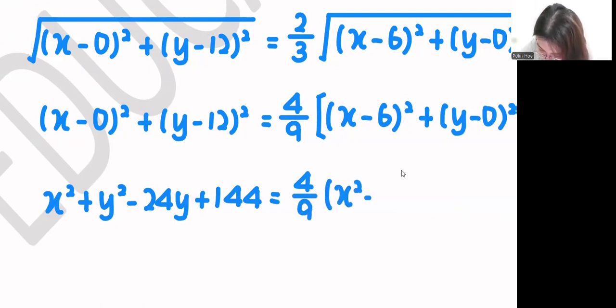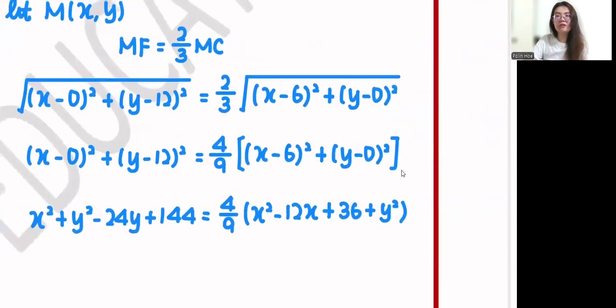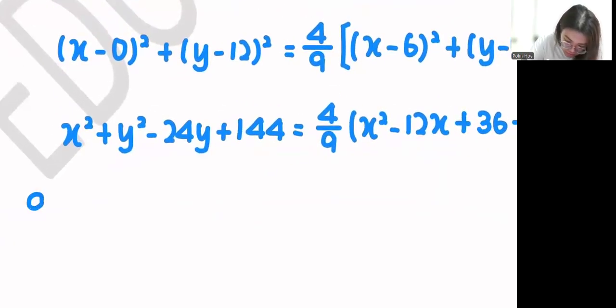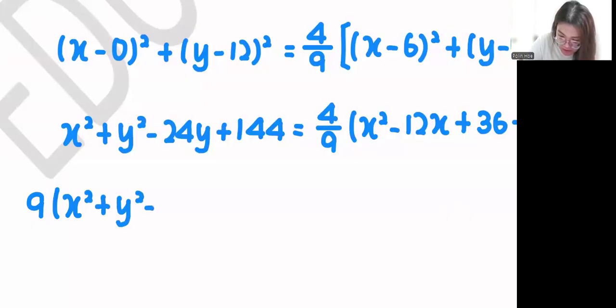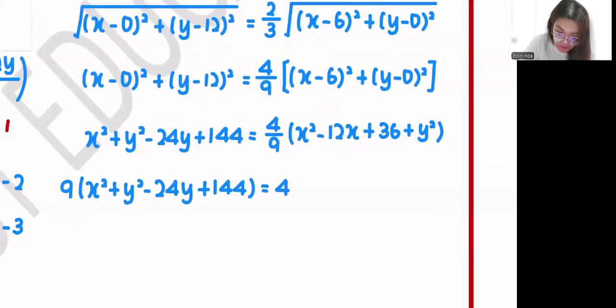X square minus 12x plus 36 plus y square, 拆开哈 open up your bracket. Of course, please don't tell teacher you are going to multiply 4 over 9 inside. Huh? You should move your 9 to another side. 你应该要做的是这一个 bring 9 to another side. X square plus y square minus 24y plus 144 equals to 4 of the bracket.